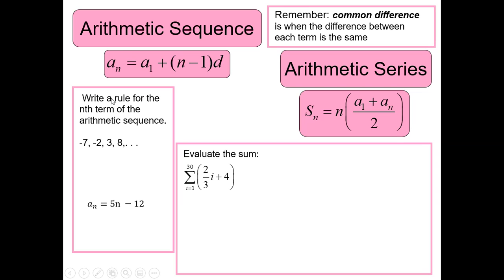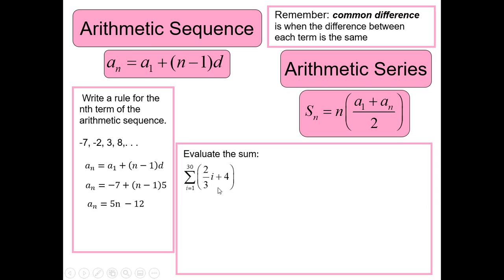So let's look at this. How can we write a rule for the nth term of the arithmetic sequence? Well, remember that a sub n, I'm going to use this formula here, is equal to a sub 1, which is negative 7, plus n minus 1. My difference is 5. So a sub n is equal to 5n minus 12.